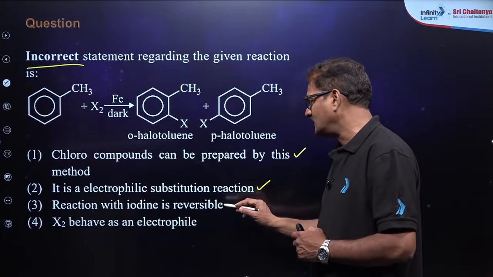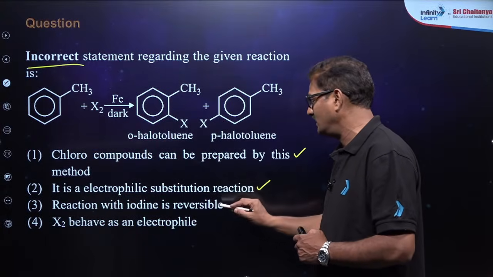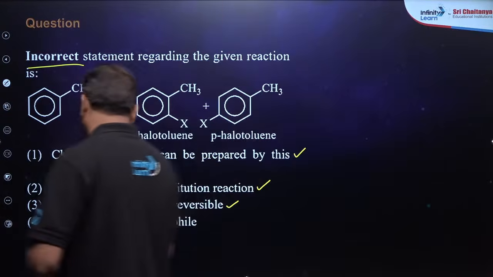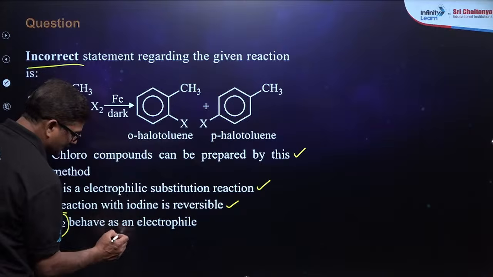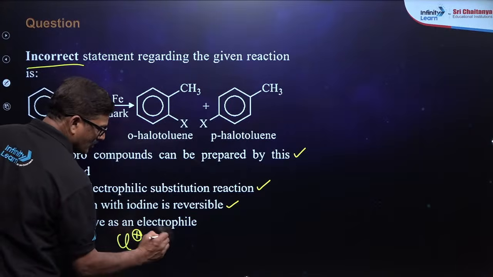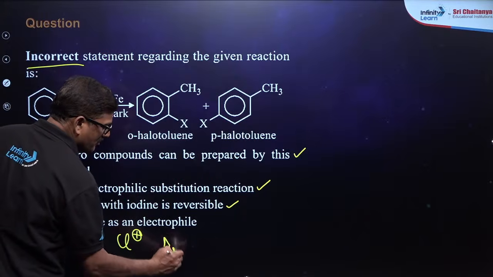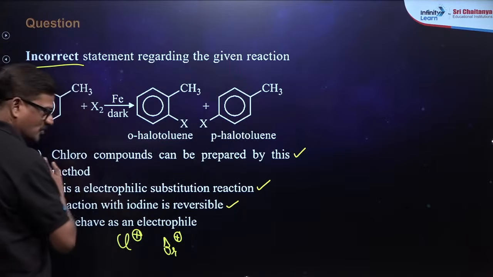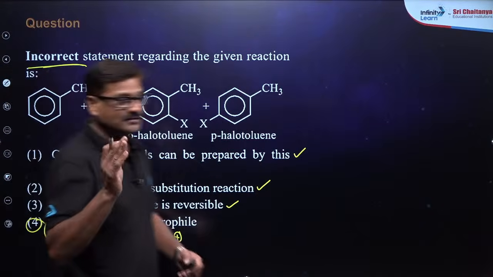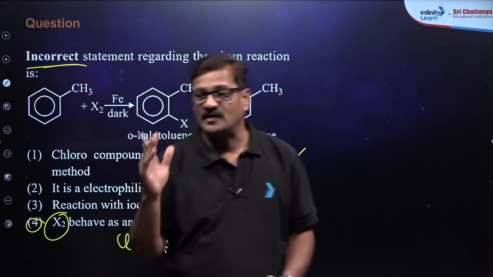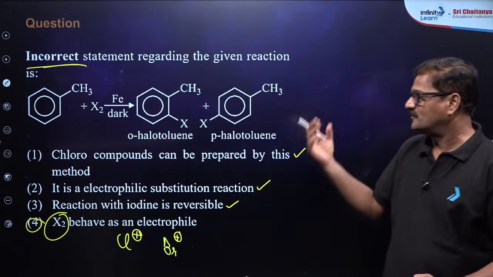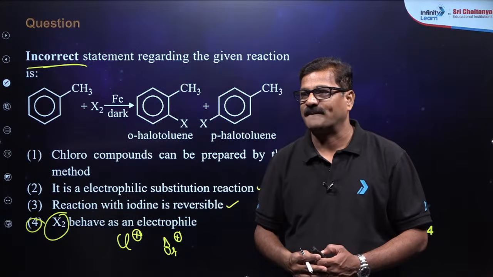Reaction with iodine is reversible if the halogen is iodine. This is also. And X2 behaves as an electrophile. No. The electrophile here is going to be Cl plus if it is chlorine, or Br plus if bromine, like that. So it is not. So that is the incorrect statement. You have to check which of the following is correct, which of the following is incorrect. Kind of questions are very famous. So option 4 is the correct answer for this question.